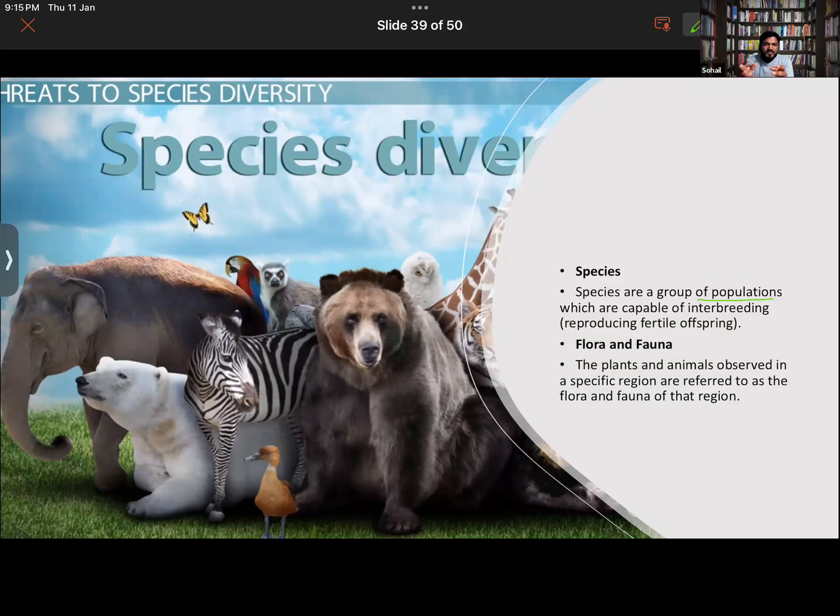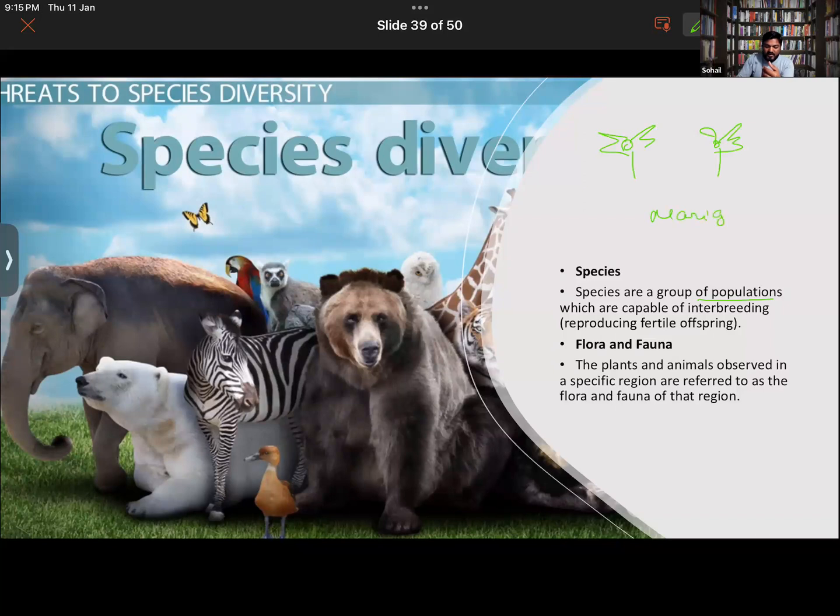For example, two monkeys can interbreed and give birth to a monkey. So those two monkeys are said to belong to the same group, and that group is called a species. For example, there are two marigold plants, flowers.